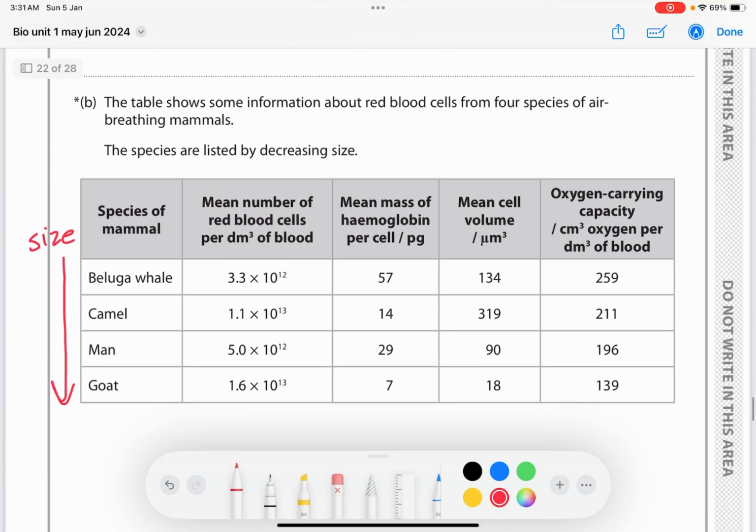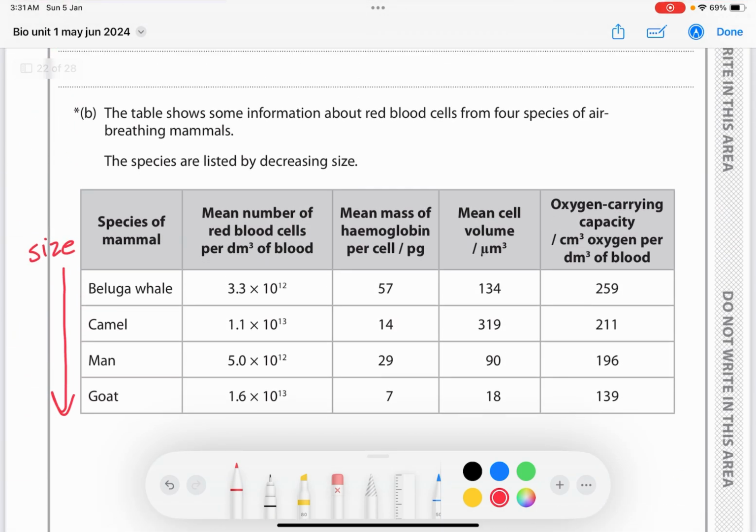Now let's start with the actual question and go through the points that I have written down. The table shows some information about red blood cells from 4 species of air-breathing animals. The species are listed by decreasing size.